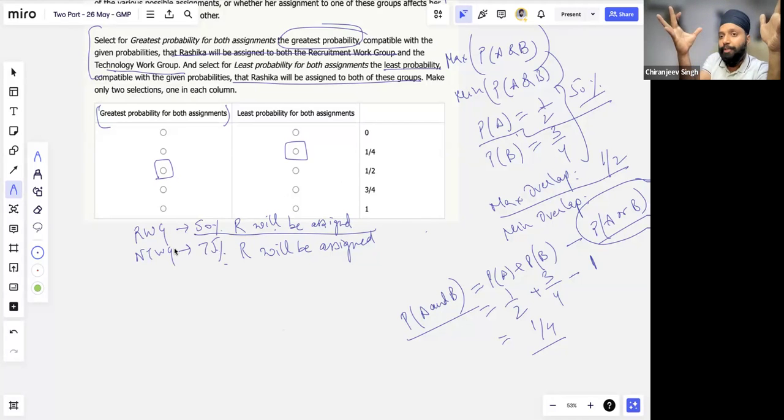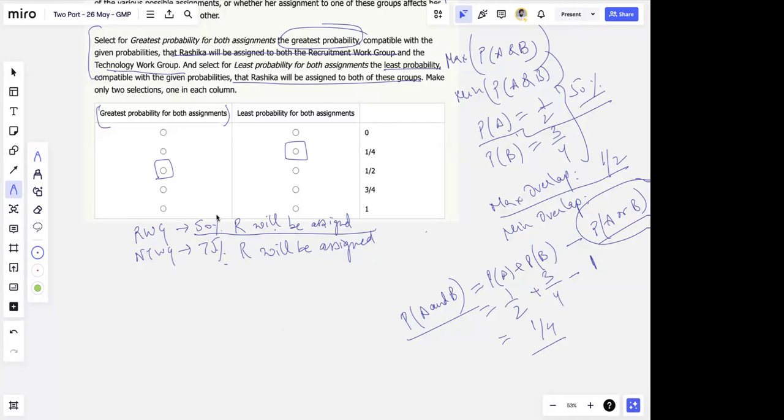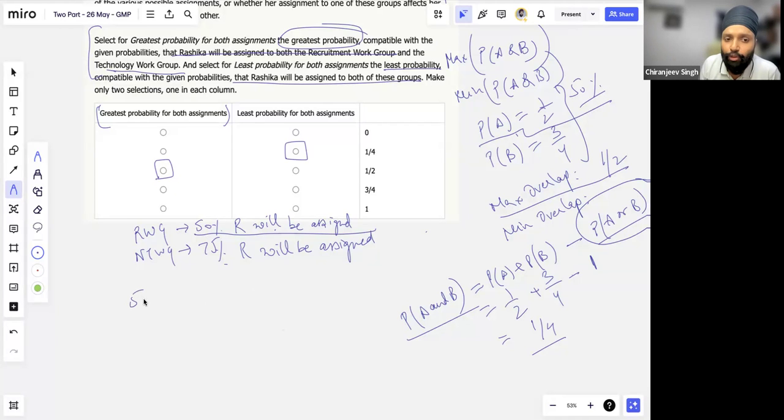So then essentially in 50% of the situations in the world, she's getting both, right? जो 50% सिचुएशंस लाइफ की हैं जिसमें उसको RWG मिल रहा था, उसी 50 में उसको NTWG भी मिल जाए, there is nothing stopping us from that, right? So then she will get in those 50% of the situations both. Right? और इससे ऊपर मैं जा नहीं सकता दोनों के लिए, क्योंकि RWG ही नहीं होगा 50% से ऊपर.